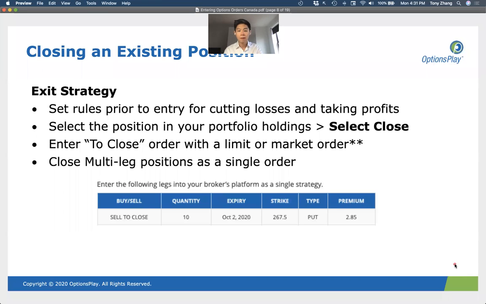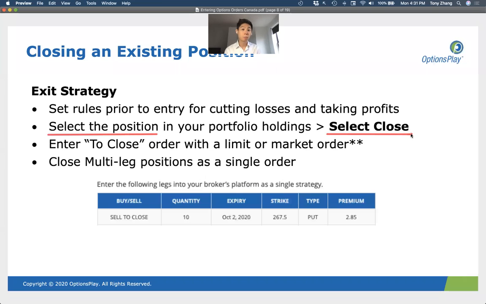And then once you have a position and you're ready to close that position, most brokerage firms allow you to select the position that you currently hold and have a button that will usually be something along the lines of close my position. What that typically does is pre-fill an order ticket for you.